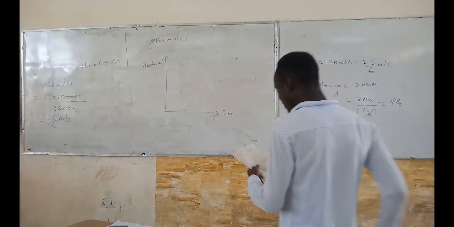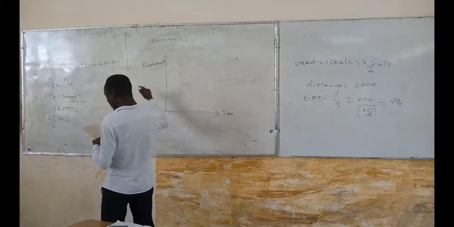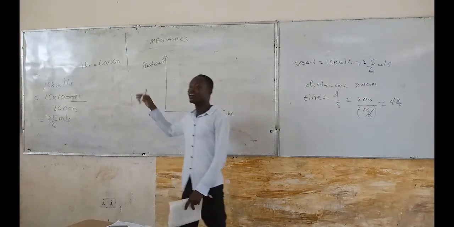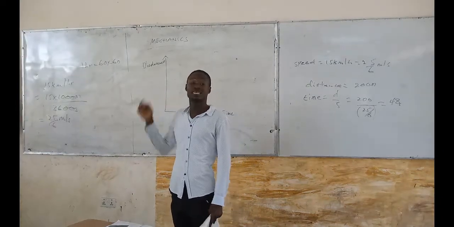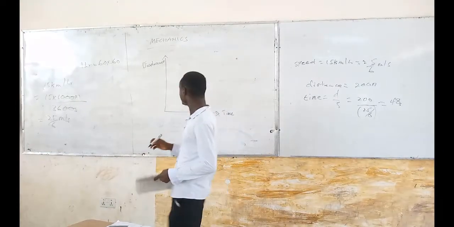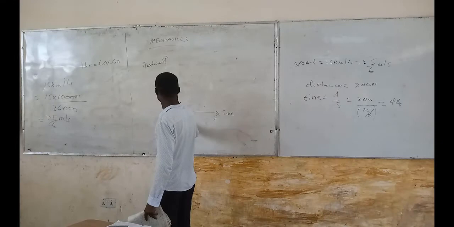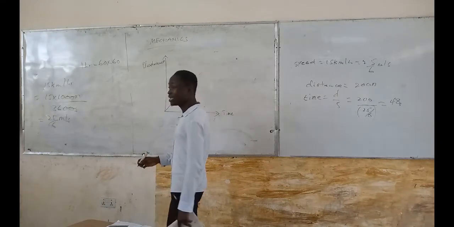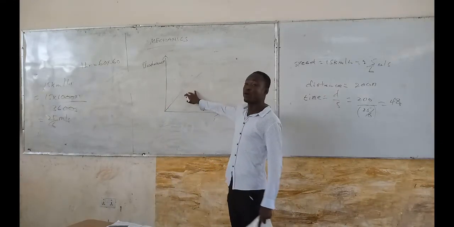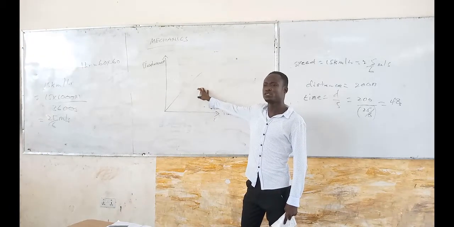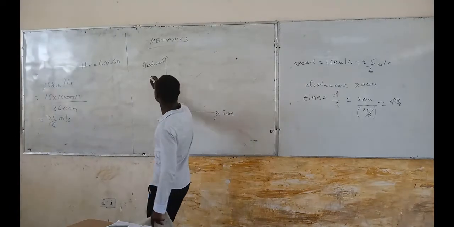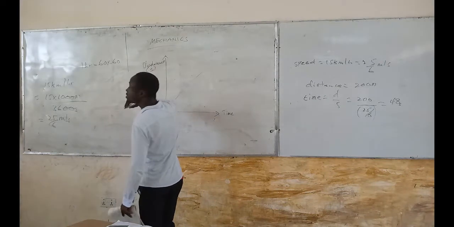Alright, so if we have displacement, and here is S, now if we draw a straight line here, we can talk about a point on this line. Let me specify my displacement axis as S and the time as t.